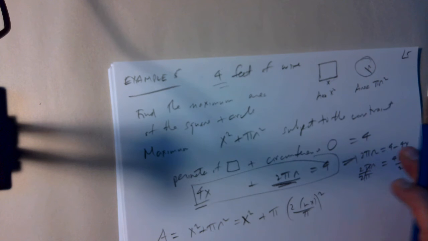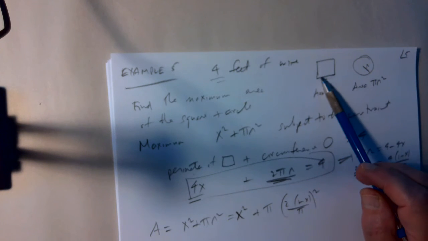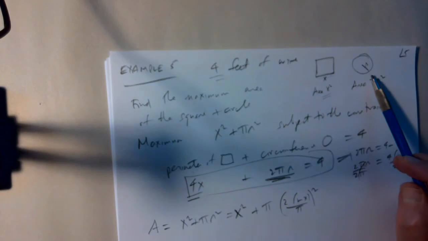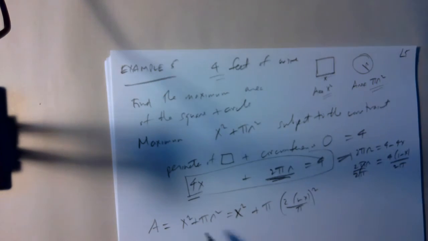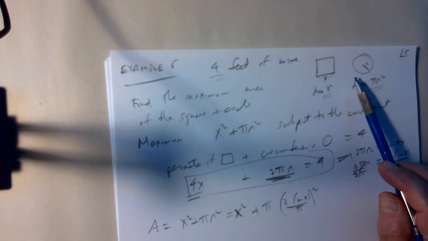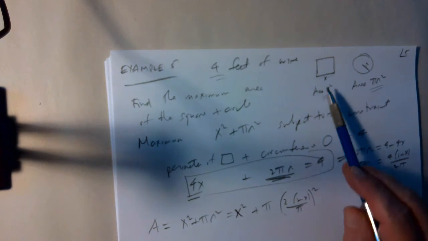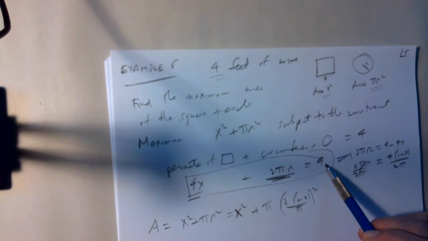So here again, let me just repeat this to make it a little bit clearer. You have a square of side x, the area is x squared. You have a circle of radius r, the area is pi r squared. So the sum of the two areas is x squared plus pi r squared. But the total perimeter of the two geometrical figures is 4, because you have 4 feet of wire. So the perimeter is 4x, the circumference is 2 pi r, that adds up to 4.